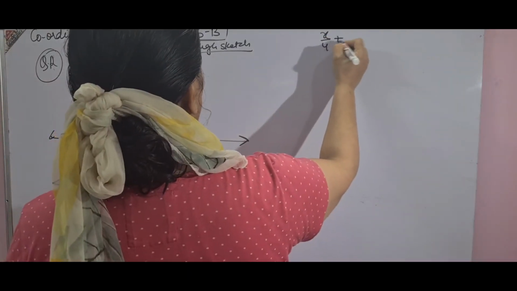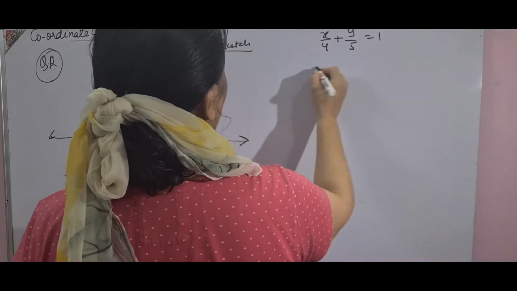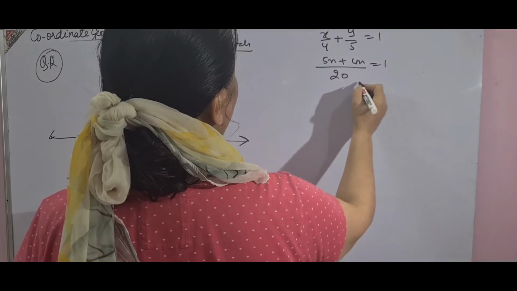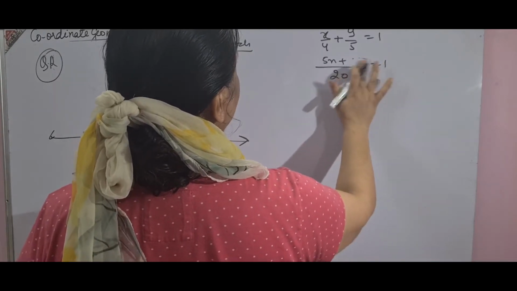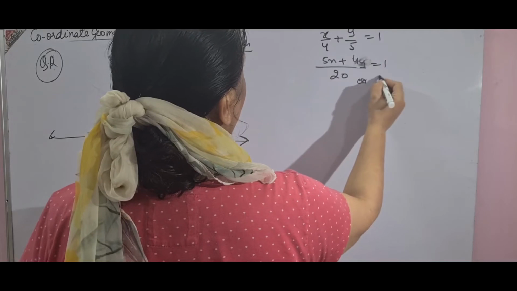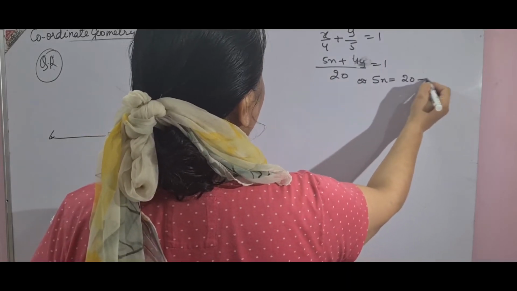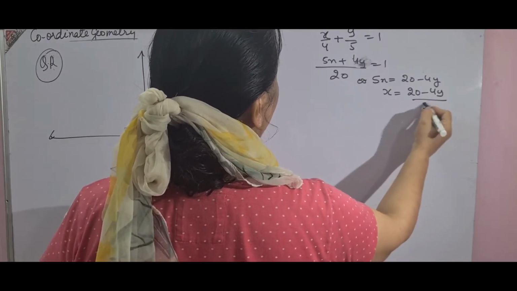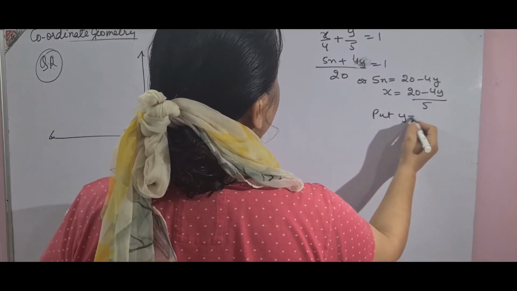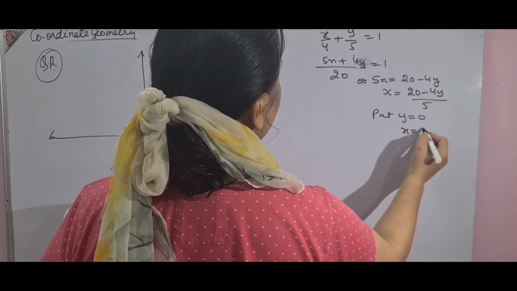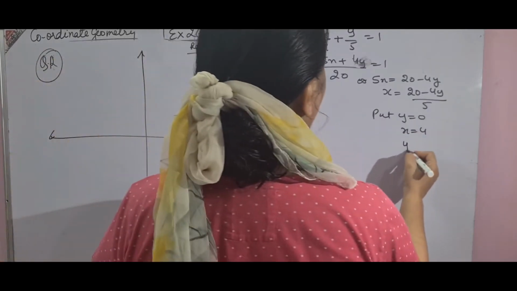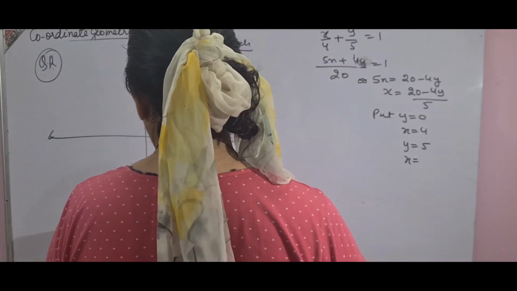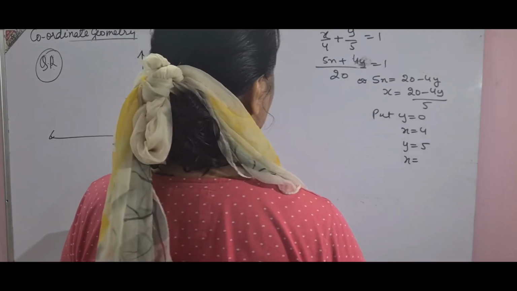x upon 4 plus y upon 5 is equal to 1. Take LCM. 5x plus 4y is equal to 20, or 5x is equal to 20 minus 4y, or x is equal to (20 minus 4y) upon 5. Put y is equal to 0, x will be 4. They have given that when y is equal to 10, so put y is equal to 10.